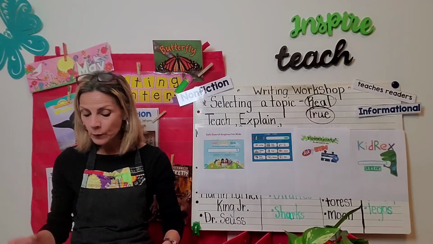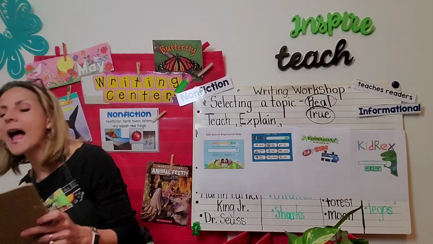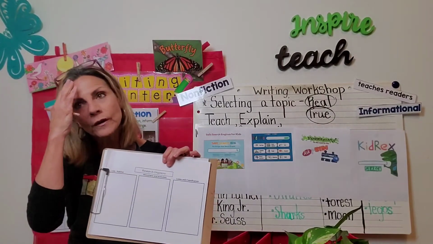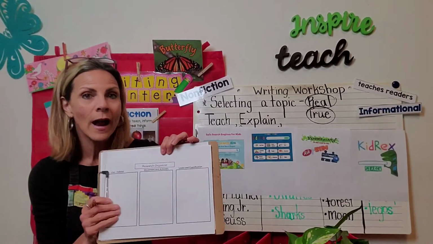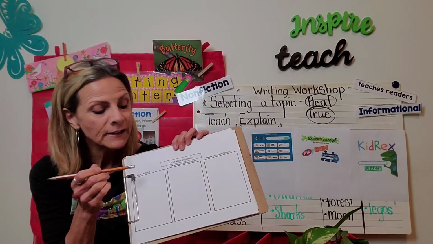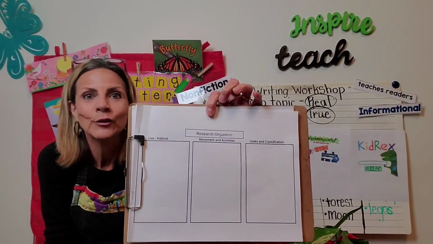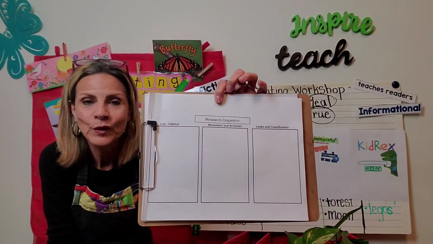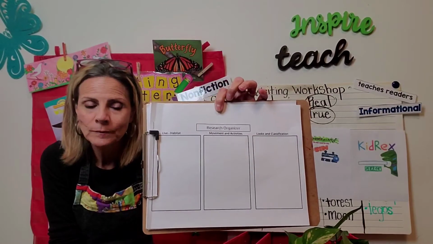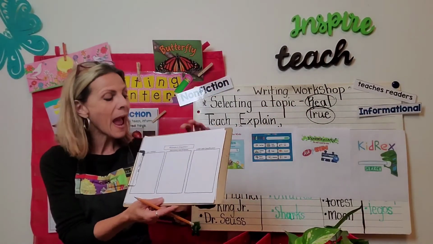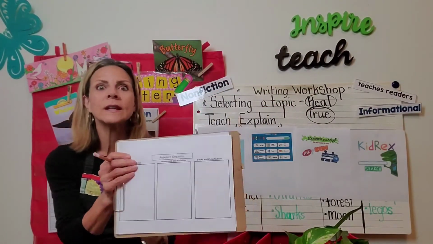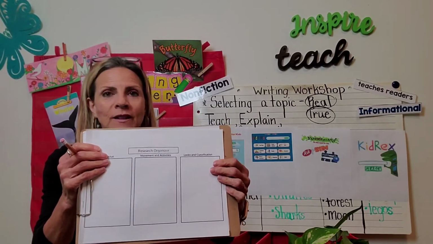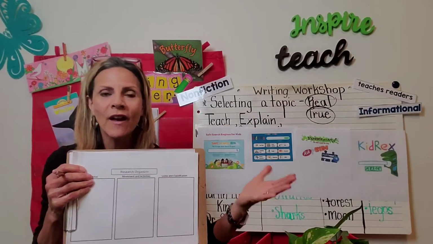And usually what I like to do, when we're thinking about nonfiction writing in class, is create a little organizer for my students who are gathering facts when they're doing their research, they're studying. And this is just a little quick collection place. We're not going to be writing sentences, just quick facts.